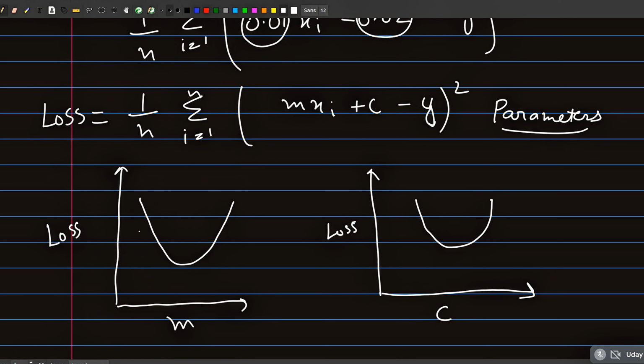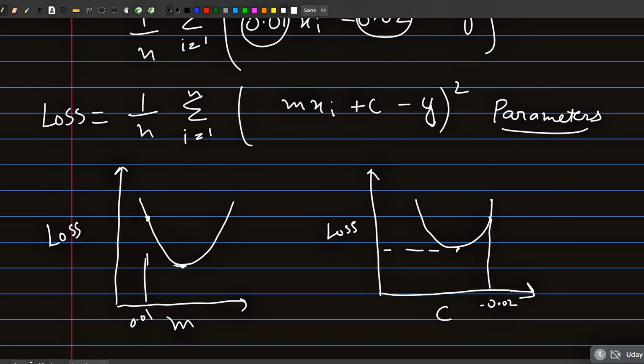Based on this diagram, you can see there exists some value of m at which the loss is minimum, and some value of c at which loss is minimum. Now let's say we started with m as 0.01, and c at minus 0.02.